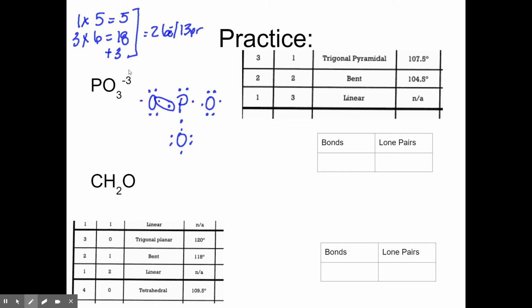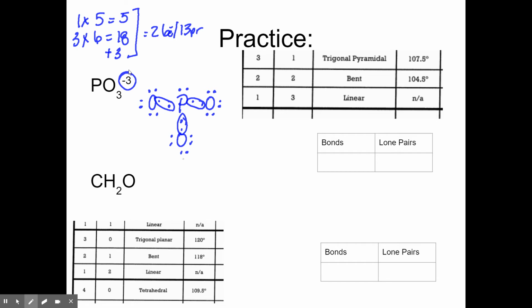Circle where they are going to bond 1 time with each P. Because there's this -3, that means there are 3 random electrons. So they're going to fit 1 on each oxygen to make each oxygen happy.